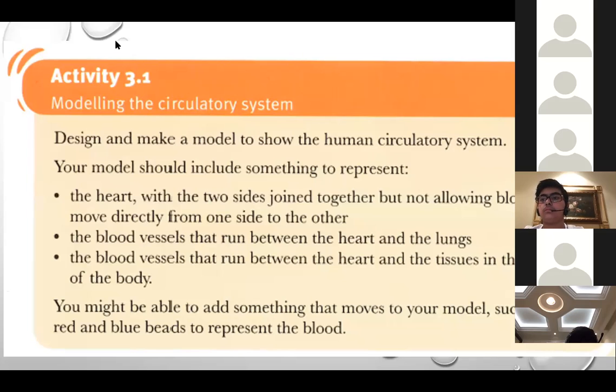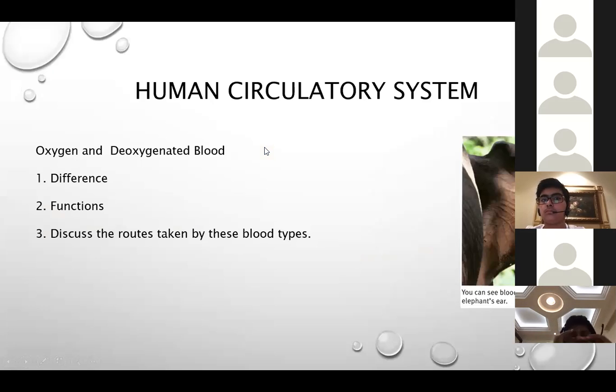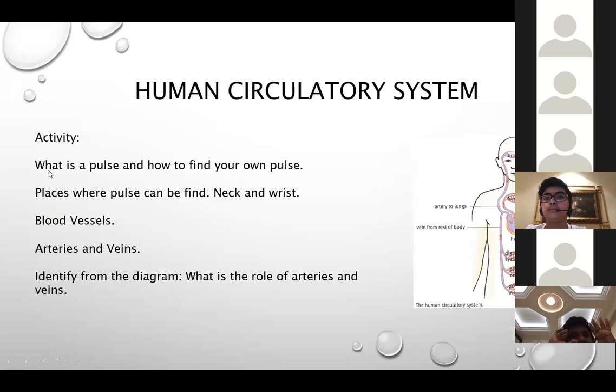So this is an activity where we have to show that the blood is running between the lungs and the different parts of the body. Maybe we'll have a diagram on the previous slide, this one. Yasin, I'm not sure about this detail, so please wait till the administration shows it.